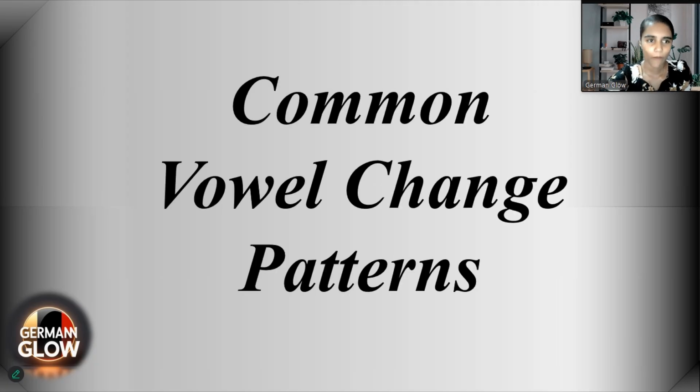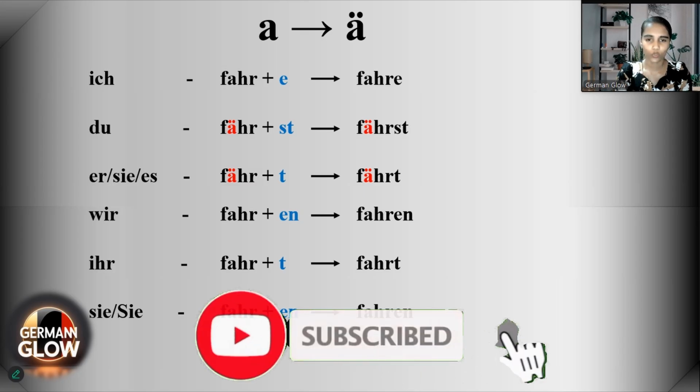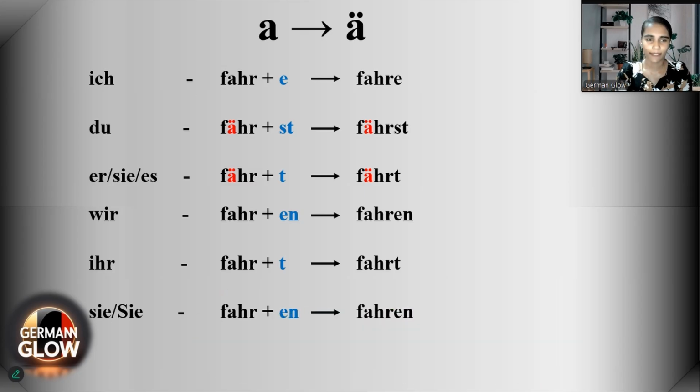Common vowel change patterns. Here are the most common vowel changes for irregular verbs. The first one is a changes to ä. Fahren: ich fahre, du fährst, er, sie, es fährt, wir fahren, ihr fahrt, sie fahren.